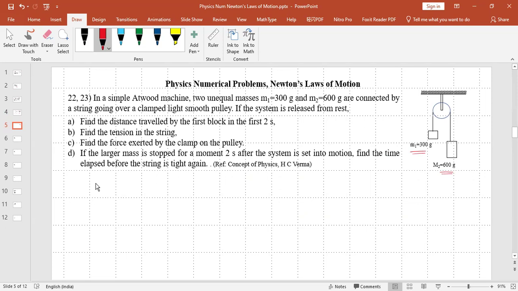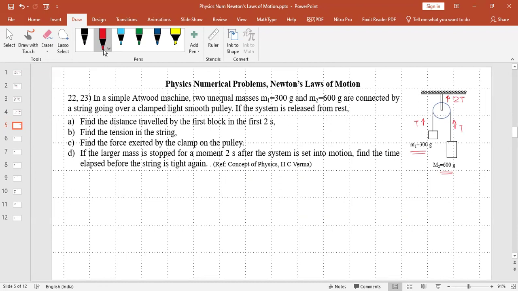Here, once again, consider this tension as T. This tension is 2T.